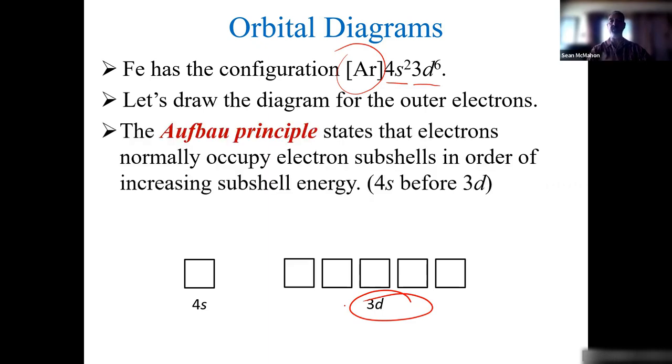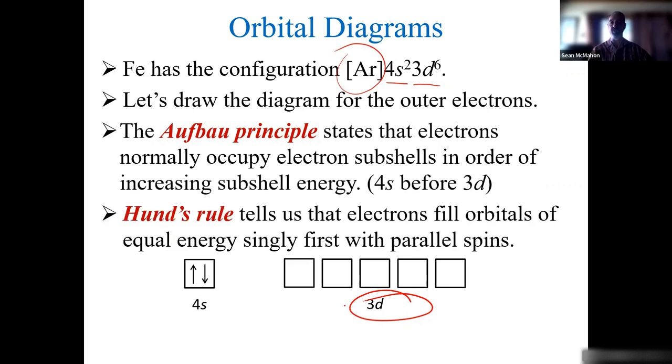Well, according to the building up principle, or the Aufbau principle, you're going to start with the subshells that are increasing in energy. Basically, you're going to start with the 4s. You just use a periodic table, and you have the two electrons in the 4s, but when you go to the 3d, you have to follow Hund's rule.